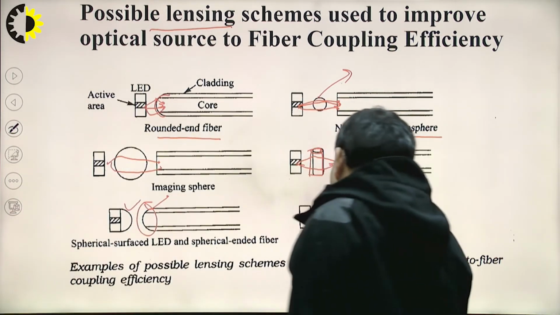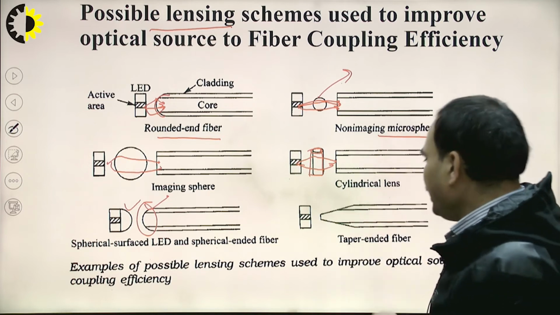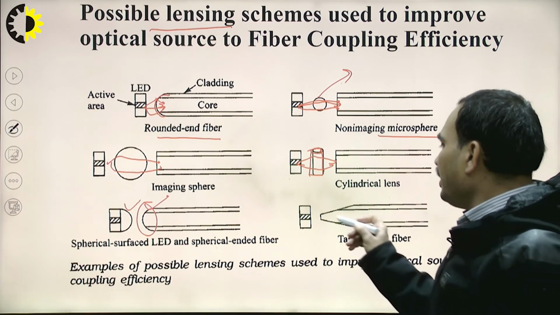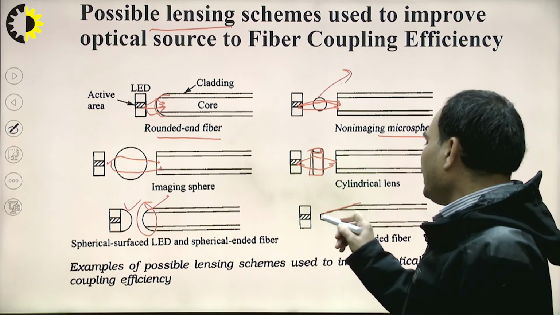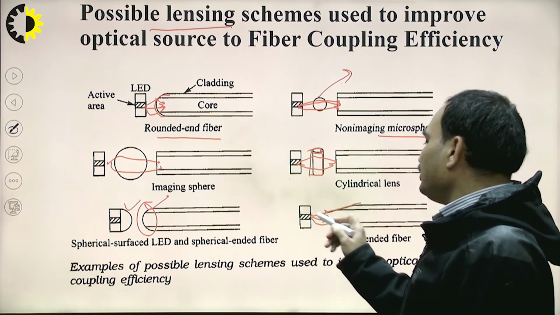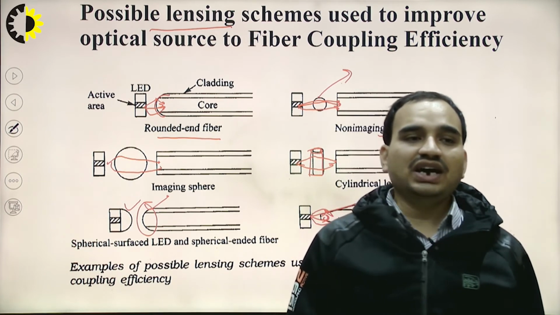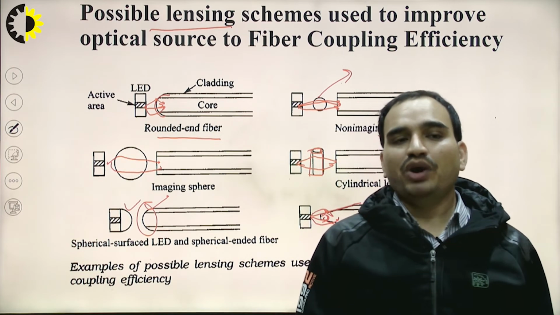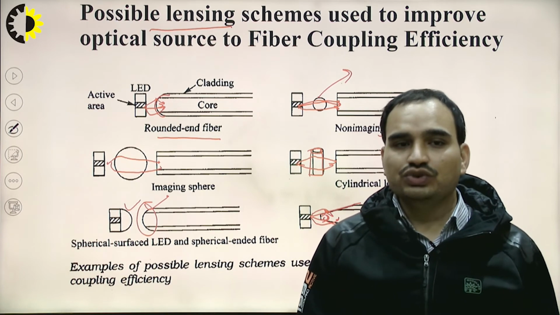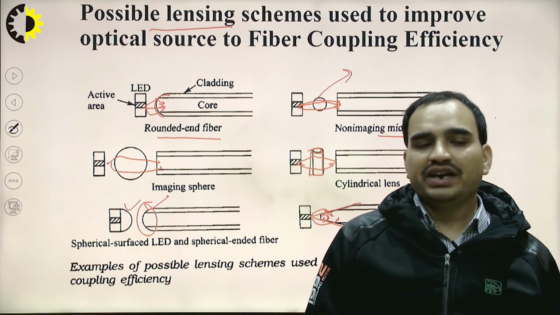Similar to the laser technique, that is a taper ended fiber, here also we can use a taper ended fiber by tapering the core and the cladding, and the coupling efficiency can be increased by using these techniques. So these are the examples of possible lensing schemes used to improve the optical source to fiber coupling efficiency.